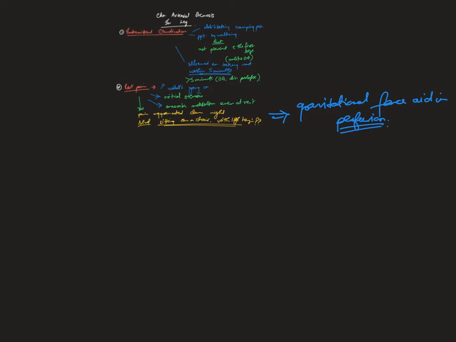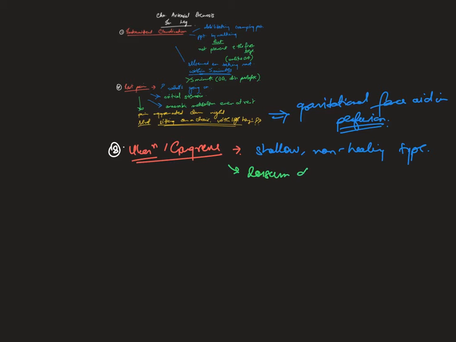Okay, then we come to the next symptom, and that will be ulceration or gangrene. Now the ulcers in such a chronic ischemic leg are generally shallow and non-healing type, mainly present on the dorsum of foot or shin of tibia or malleoli.